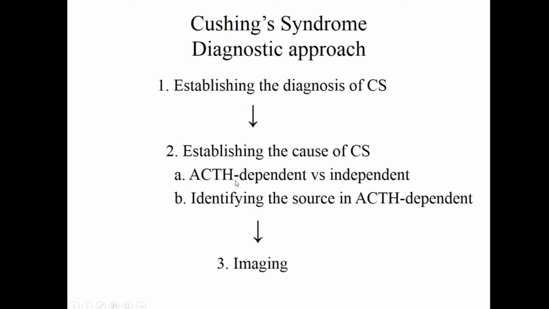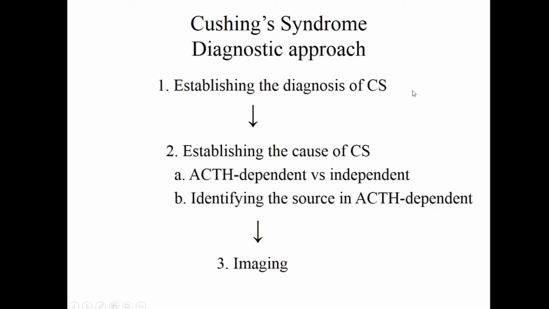You know that we have already divided the causes of Cushing syndrome into ACTH dependent and ACTH independent. To establish the cause, you will have to do some tests which confirm that there is increased cortisol secretion.